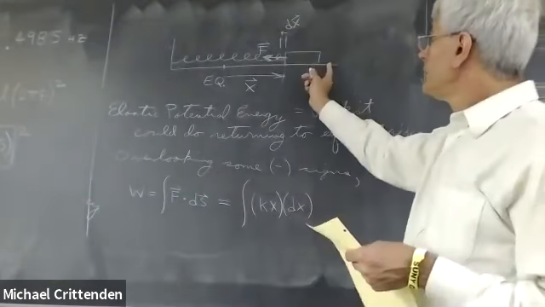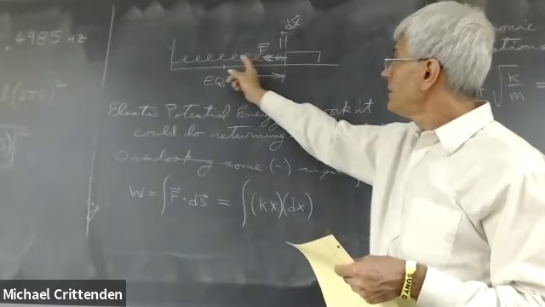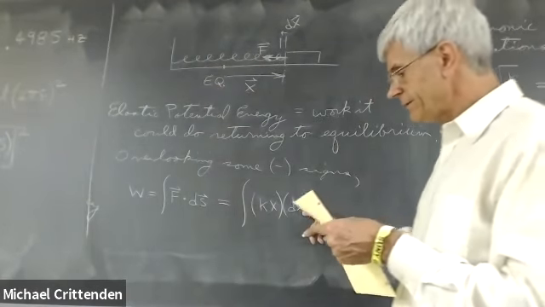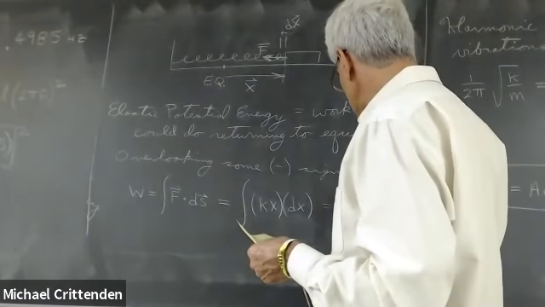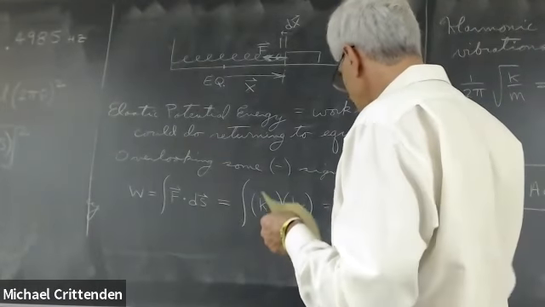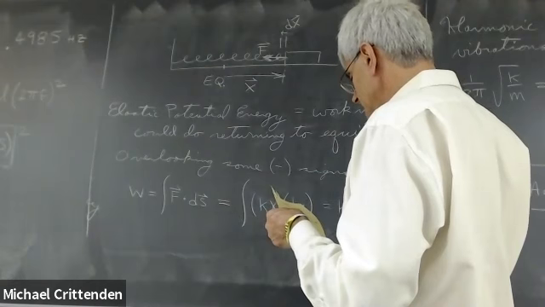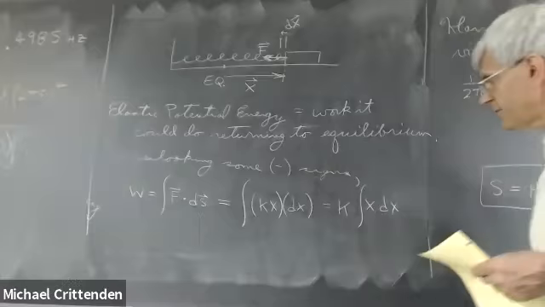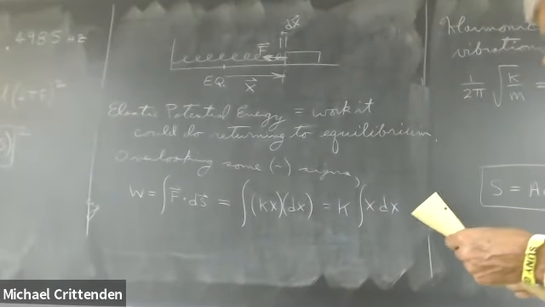Since the mass is sliding along the x-axis, ds is the same thing as dx. k is a constant, so you can take it out in front of the integral.